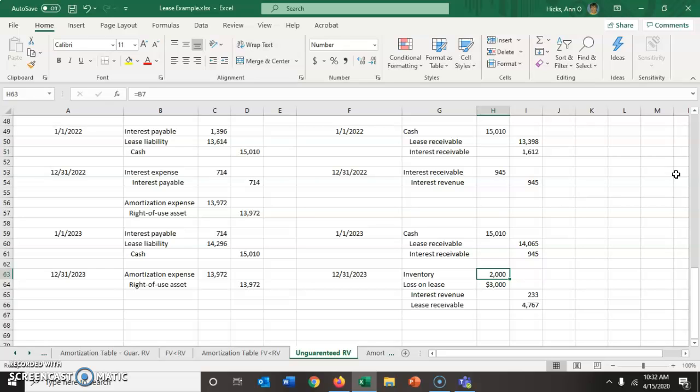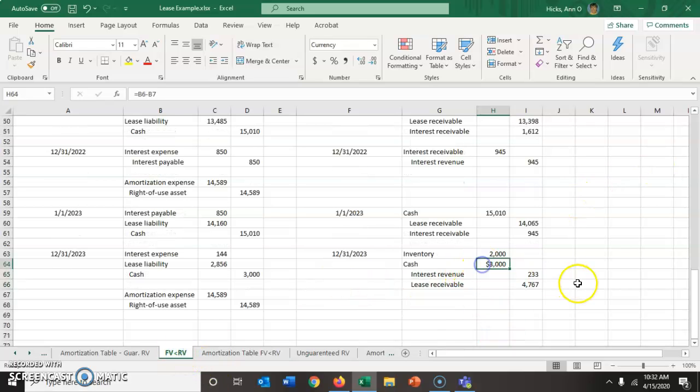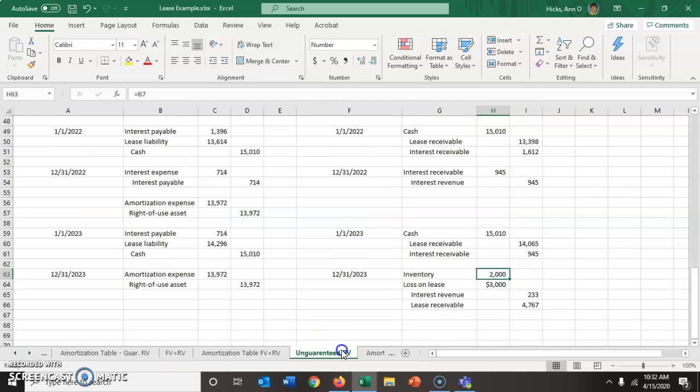It's only worth $2,000. You'll remember in the previous one, what happened was they got a cash payment, and so that made everything all right. Here, because Vaden did not guarantee that, the inventory comes in at $2,000. Connor is going to have to record a loss on the lease because they anticipated a residual value of $5,000.